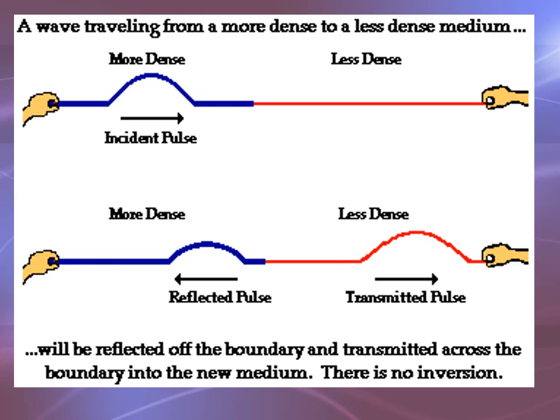So here's this scenario, all right, in a picture. You'll notice here that the more dense one has lost some energy, and if you look carefully, the less dense string has a lower amplitude than the original pulse, all right, but it will take a larger proportion of the energy because it's easier for the wave to move through it.